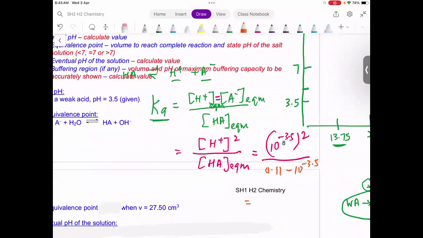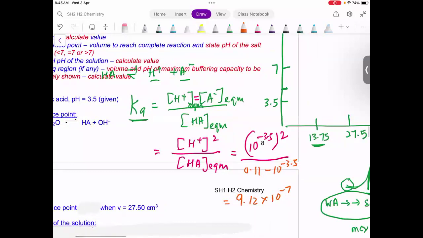If you punch it into a calculator, what's the Ka value? 9.12 times 10 to the minus 7. Did all of you manage to get this?